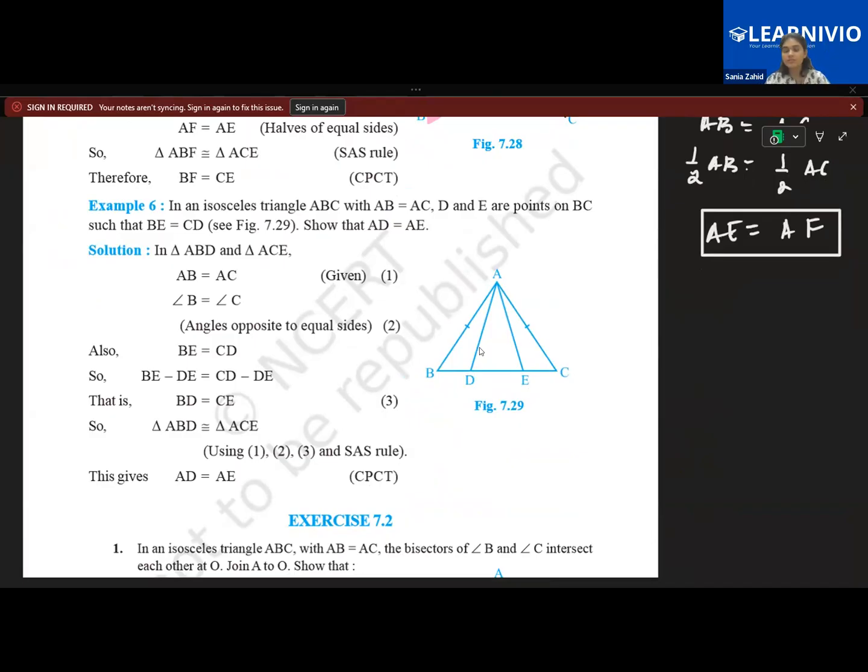Abdullah and Umema. Yes, ma'am. Umema, your camera is off. One minute.